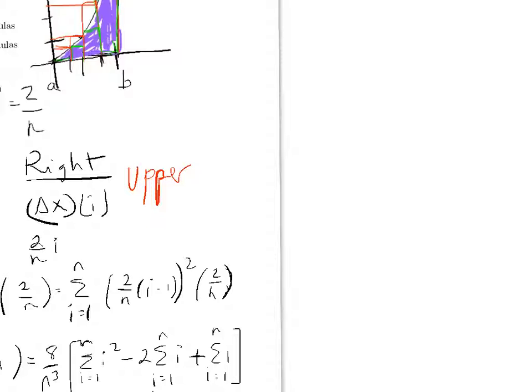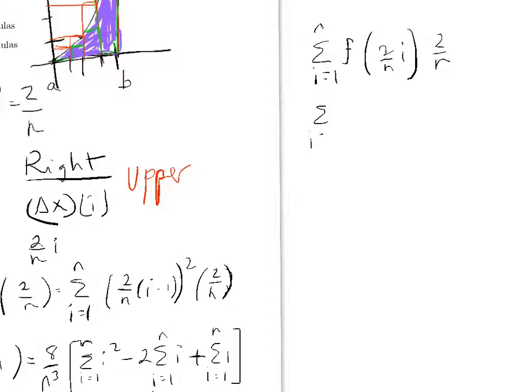The upper sum is the sum from 1 to n of the same function, but now instead of that complicated expression, we just have delta x times i, or 2 over n times i.